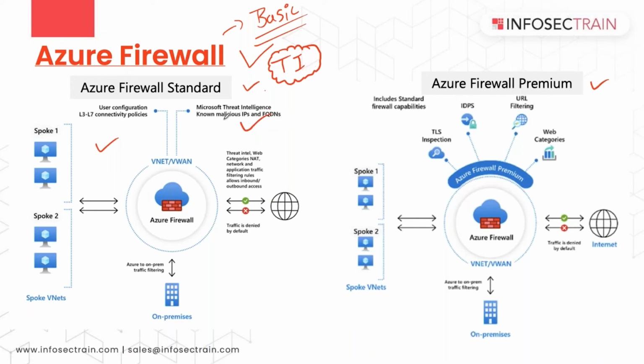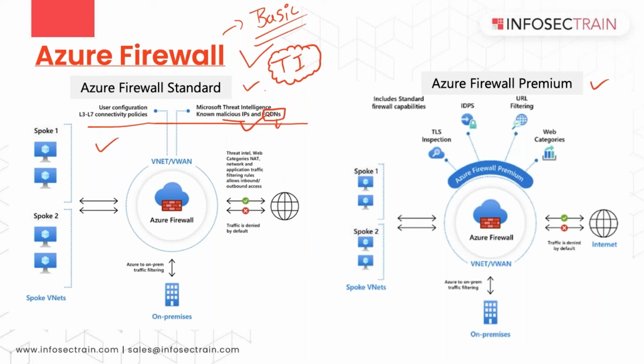Similarly, you will have some known malicious IP addresses and fully qualified domain names, that these URLs are used to spread malware or to connect and hack your system or any malicious activity. So if you already have the idea, you can go ahead and block those IP addresses and URLs. That's why the standard tier has only these two features. This is the offering from the Azure Firewall Standard.